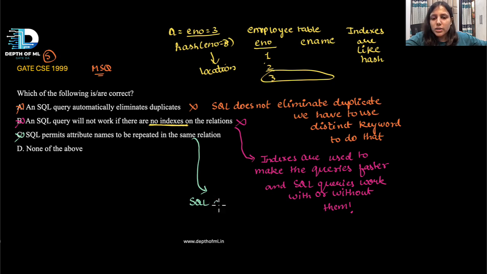SQL doesn't allow two attributes to have the same name, because if you have the same names, when you go and access a value with the attribute name, SQL will not know which column and which value to access. So this is incorrect.